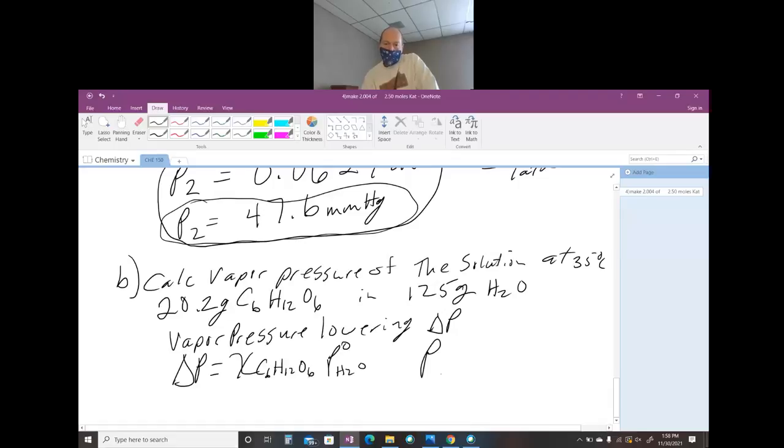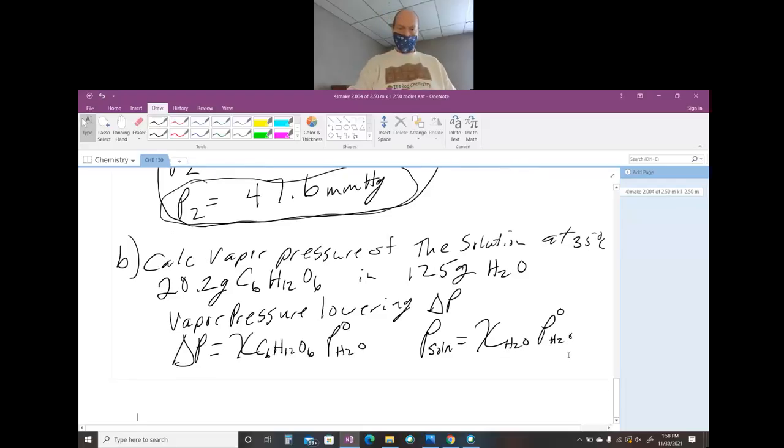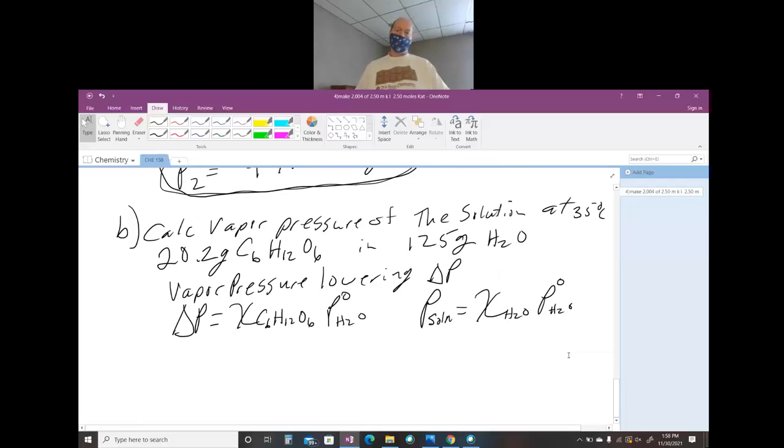You're also given that the pressure of your solution is equal to the mole fraction of your solvent, which is water, times the pure water. You can use either one of these equations.